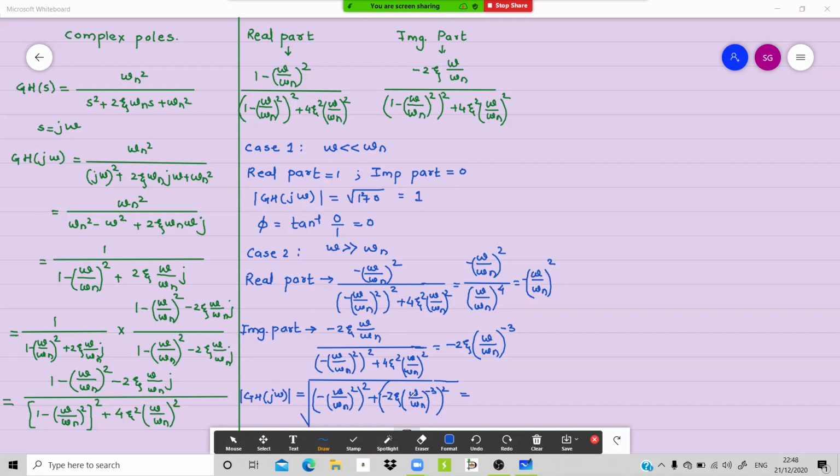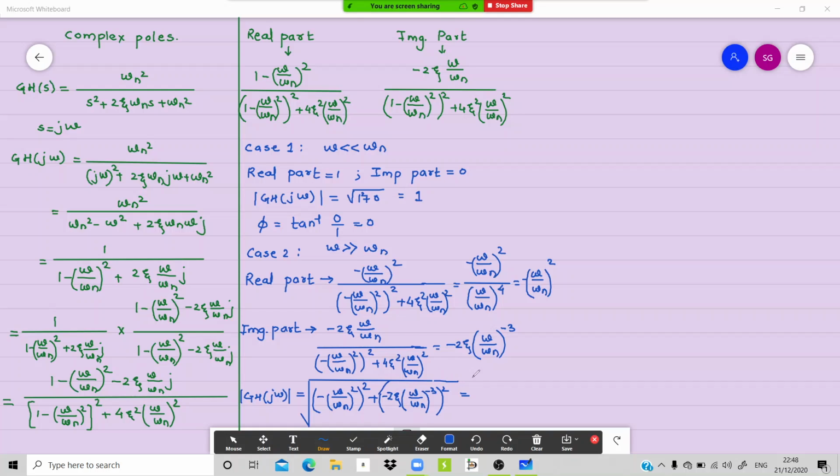Now we'll be able to see over here this term has power minus 6, so definitely raised to minus 6 will be very low value compared with this, because it is going to be plus 4. So again very small value for very high omega, and we can neglect this and we'll have this thing.